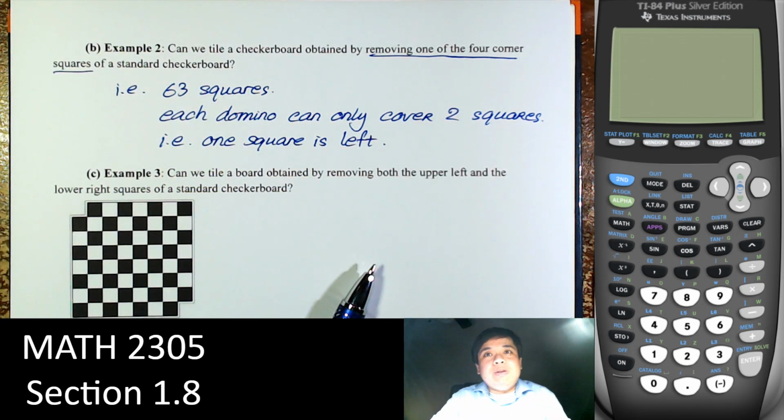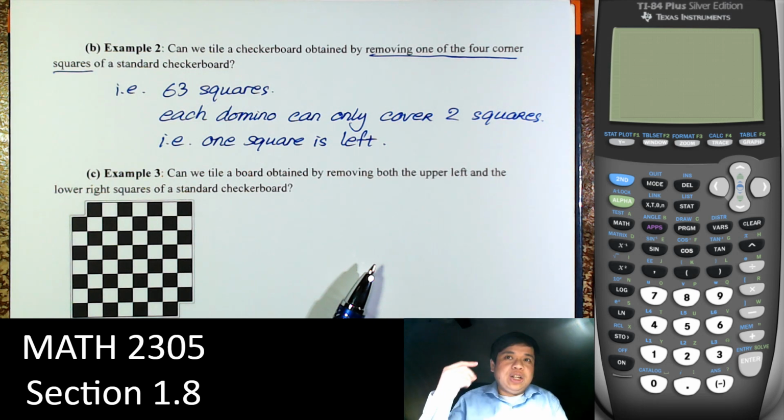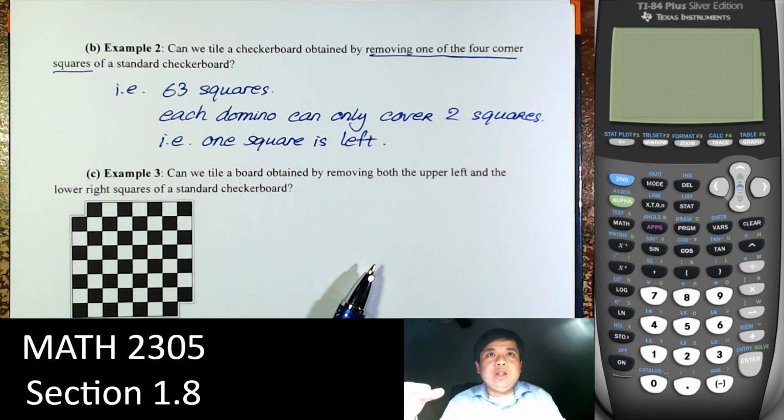Since 63 is an odd number, they have 1 left.